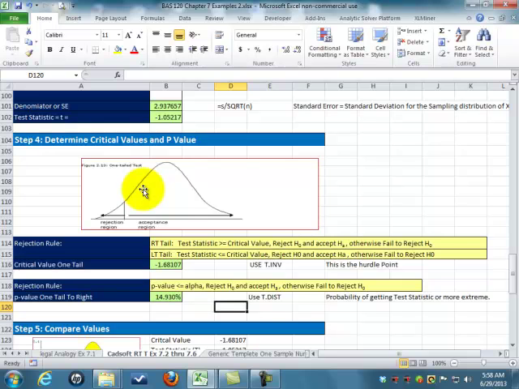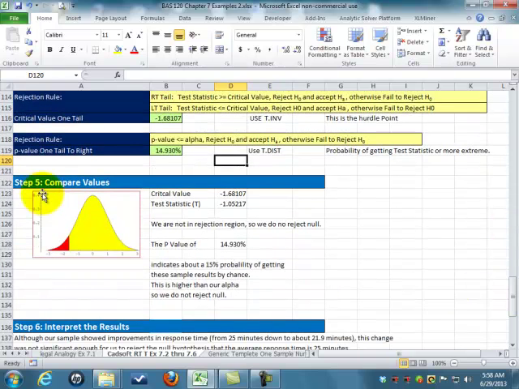So we are not going to reject the null hypothesis, which is right here. We compare the values. There's our critical stat. There's our test stat. We do not reject.